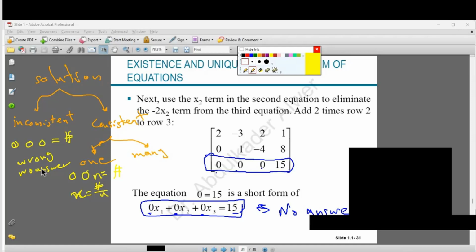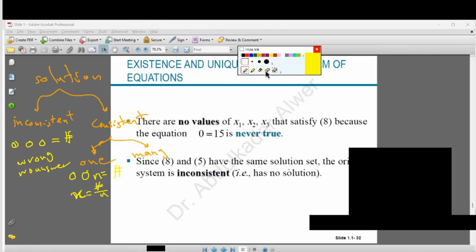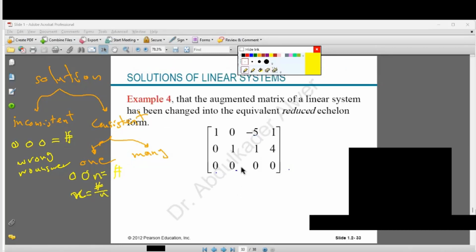Now what about the last case? Many answers. How can we get many answers? I will continue in your book. I will cancel this, keep this table in your brain, and go ahead. Now, if I want to solve this example, see this one.